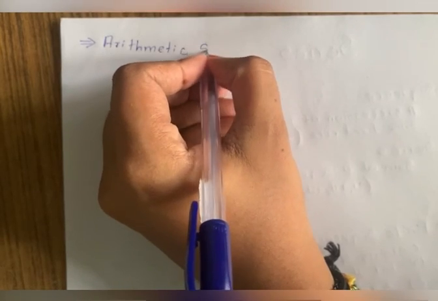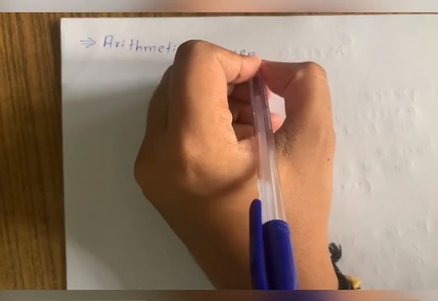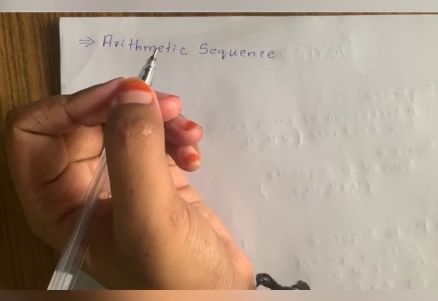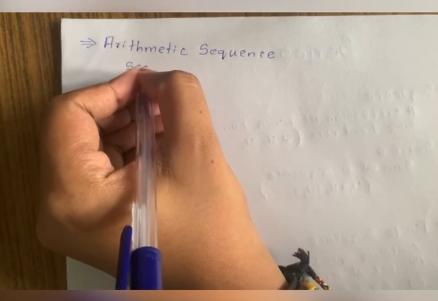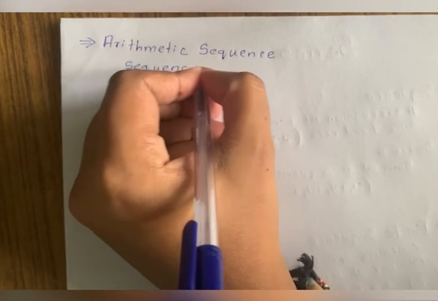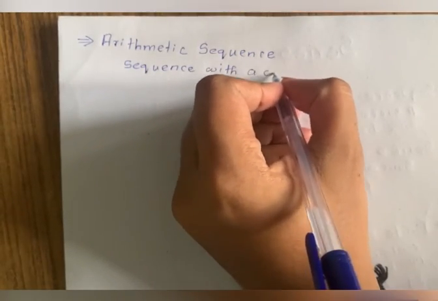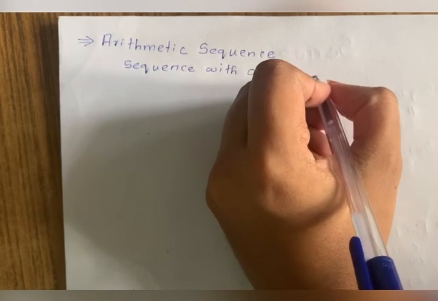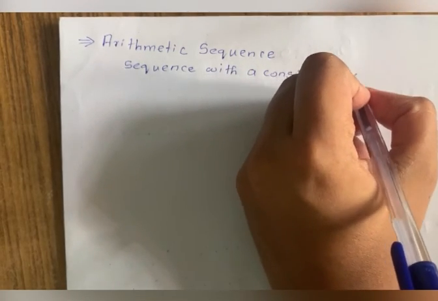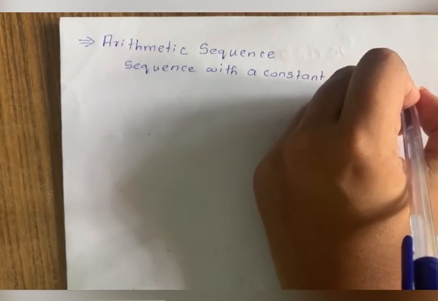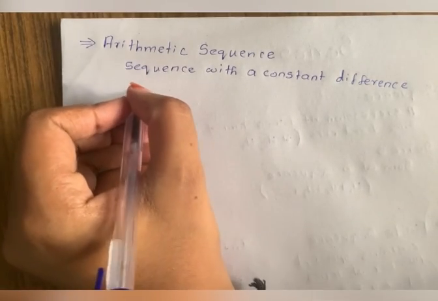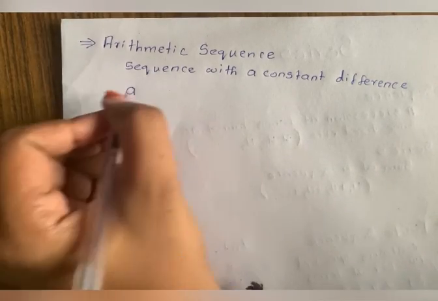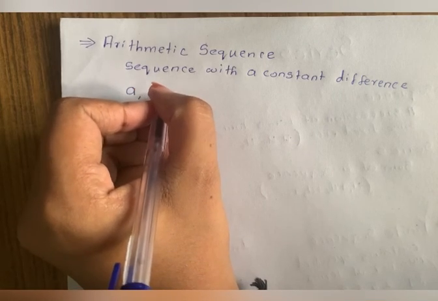Before we know about the series, we have to know about the sequence. In this sequence there is a constant difference. So the sequence with a constant difference is called an arithmetic sequence, like 1, 2, 3 or 2, 4, 6. It has an equal difference between consecutive terms.